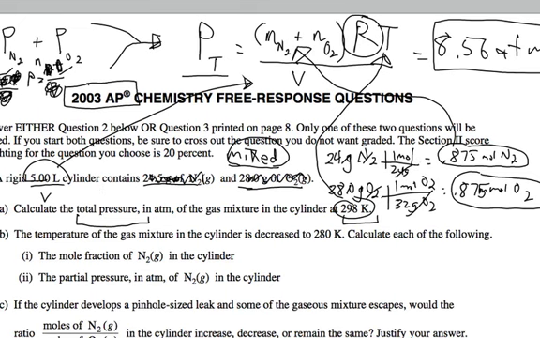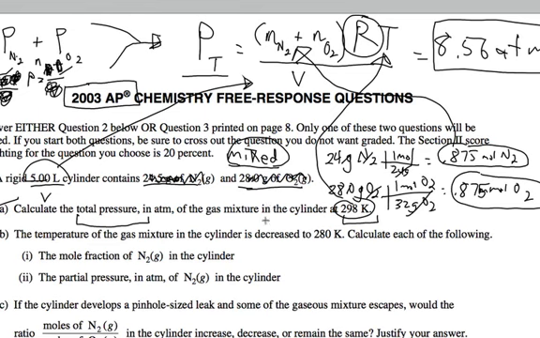So we know that the total pressure is the sum of the nitrogen and oxygen pressures. We could do two individual P equals nRT over V calculations and add them up. But because R, T, and V are constant for nitrogen and oxygen, we can do one P equals nRT over V and just sum up the mole values. And that's what we did here. We got 8.56 atmospheres. That's done.